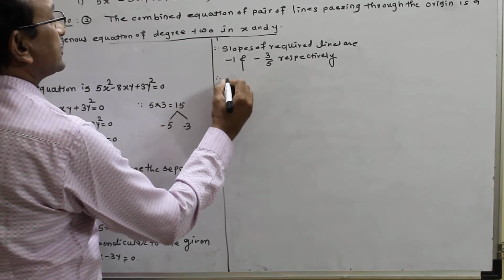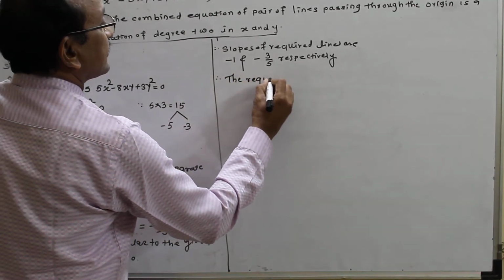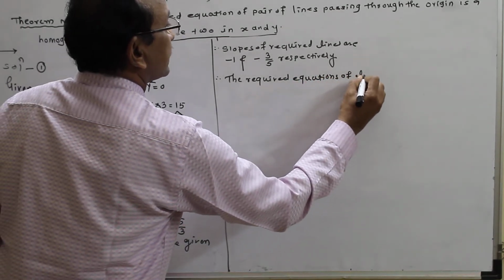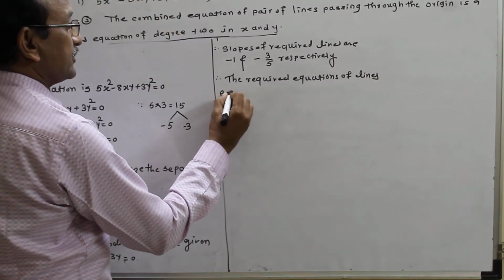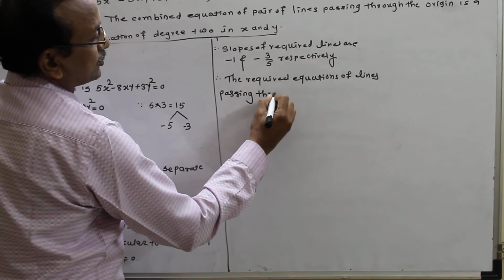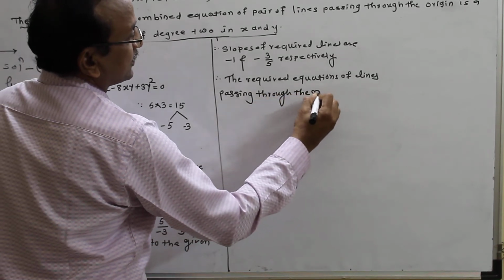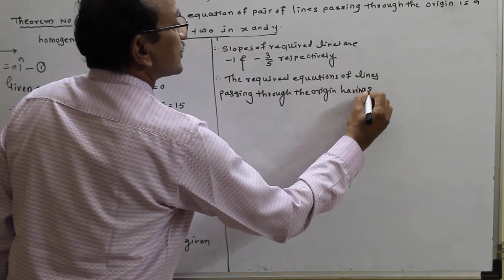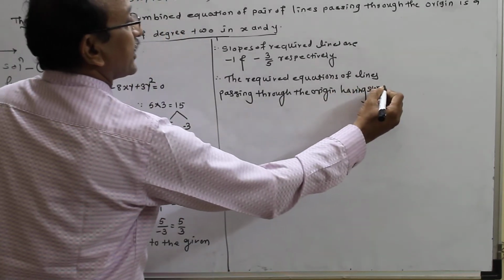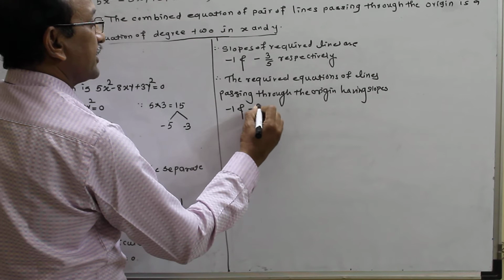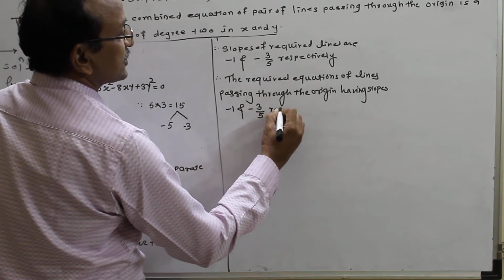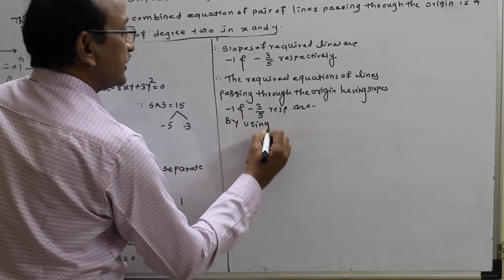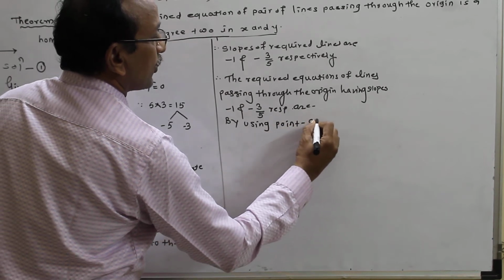Now find their equations. The required equations of lines passing through the origin, having slopes minus 1 and minus 3 by 5 respectively, are found by using the point slope form.